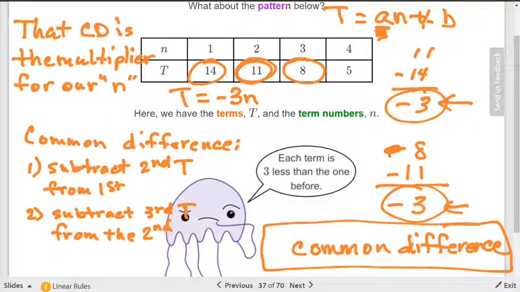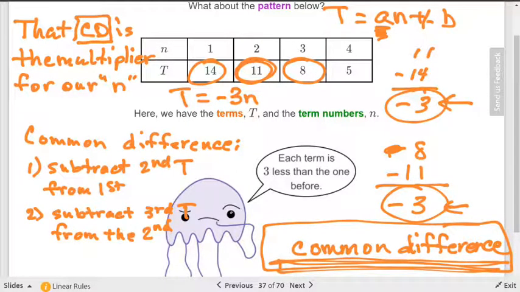Is that CD? Yeah, CD. Common difference. Now, usually there's also going to be either a plus or a minus here.